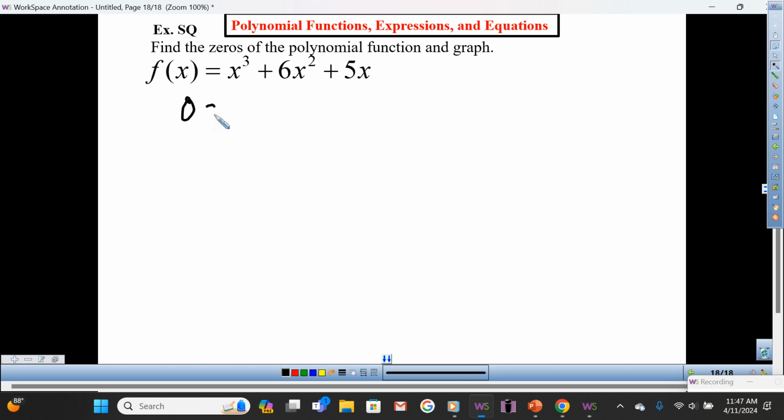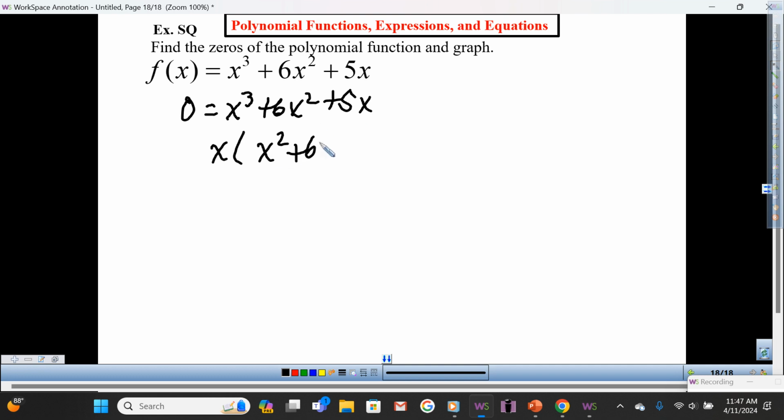Equal to 0. Then GCF, which is x. That is correct. That leaves us with x squared plus 6x plus 5, all that equal to 0. So far, so good. Turn to your neighbor, let them know what you did from there, and then Anthony E. is going to pass it to someone.